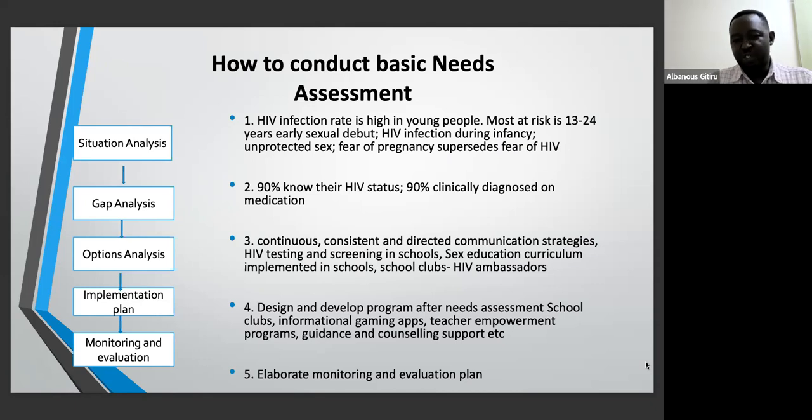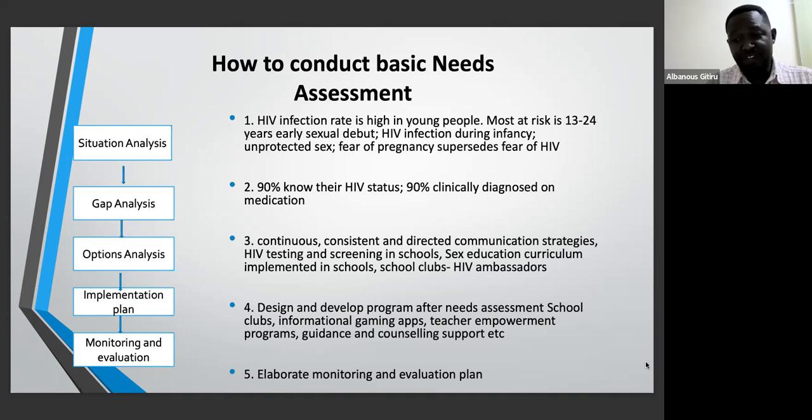We've done our situation analysis using different methods that we'll learn later. Then we ask ourselves, let's move to the next step. Our next step is the gap analysis. For you to be able to know the gap, you will need to know the desired outcome. Where would you wish to go? Number 1 is where we are: high infection rate, very low sexual debut age.